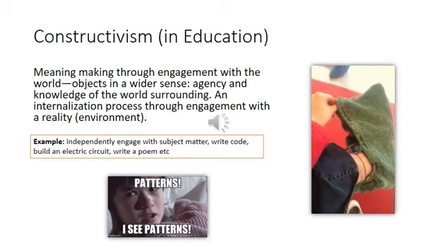Writing a poem might be seen as a constructivist engagement in a type of communication. And the photo about patterns is basically just a bit of a joke in saying, seeing patterns is making sense. If you see patterns, you start to make sense of something. You see a structure. And that's why that photo is there.